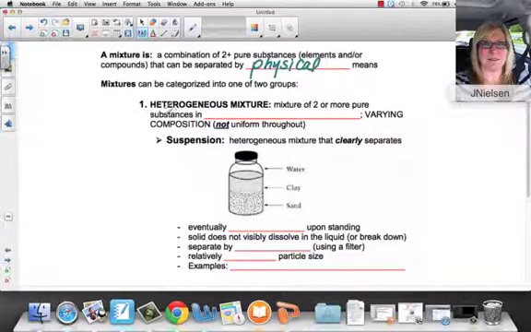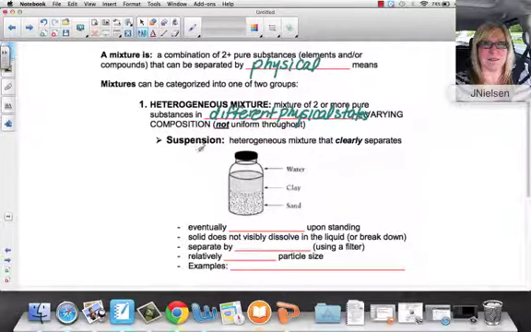And mixtures can be either heterogeneous, which you've already learned, which is a mixture of two or more pure substances in different physical states. And the composition varies within the mixture.